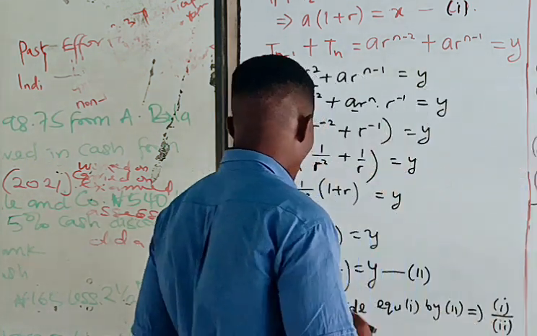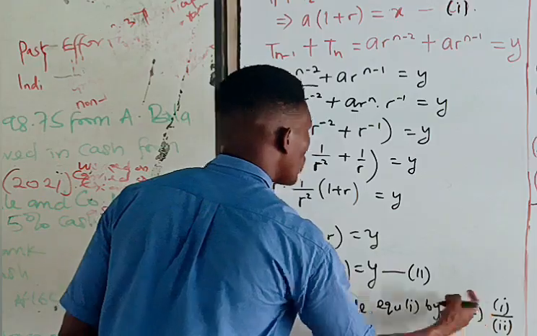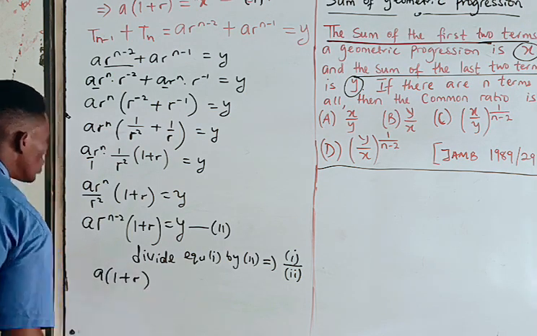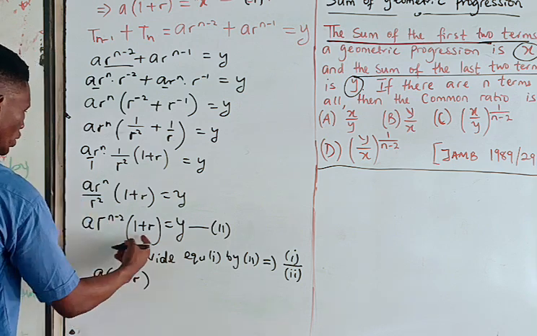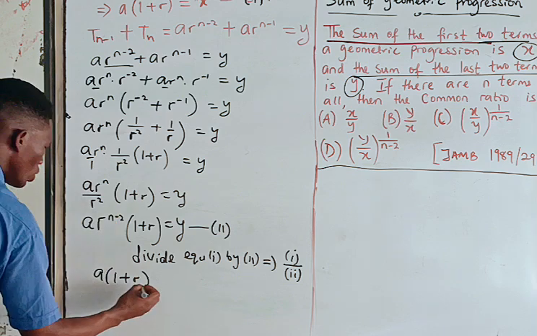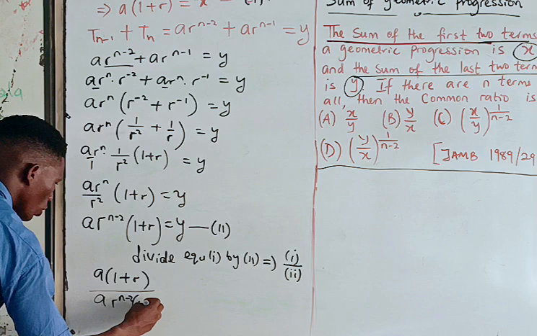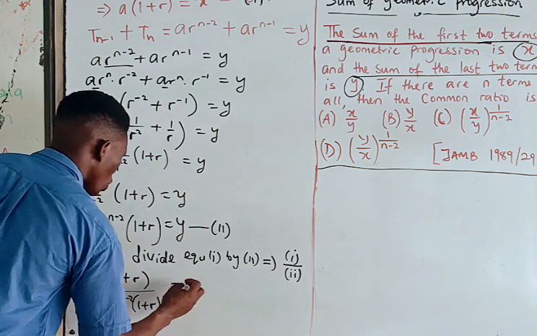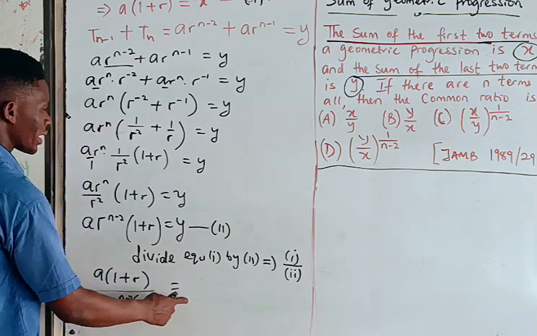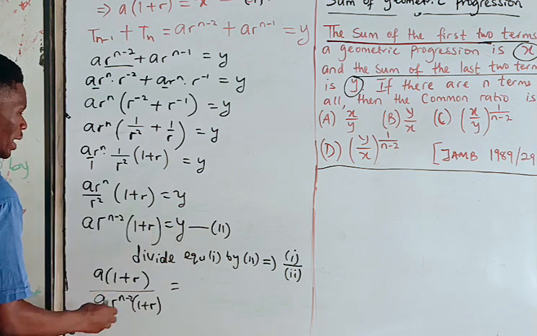Equation 1 is A into bracket 1 plus R, left hand side divided by left hand side, so over AR^(n-2) into bracket 1 plus R. Now we have equals X over Y, that means right hand side over right hand side. That is X over Y.